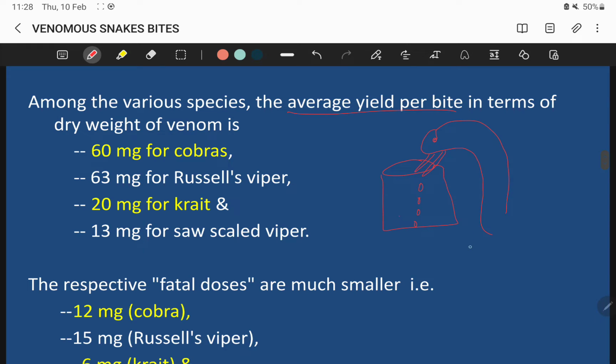Cobra is 60 milligrams, Russell's viper is 63, krait is 20, and saw-scaled viper has very little, 13 milligrams, okay?